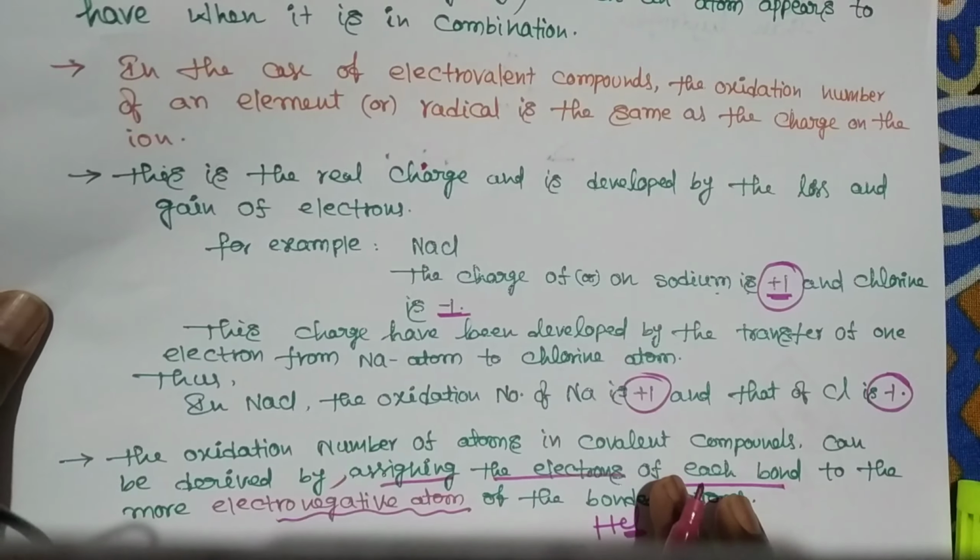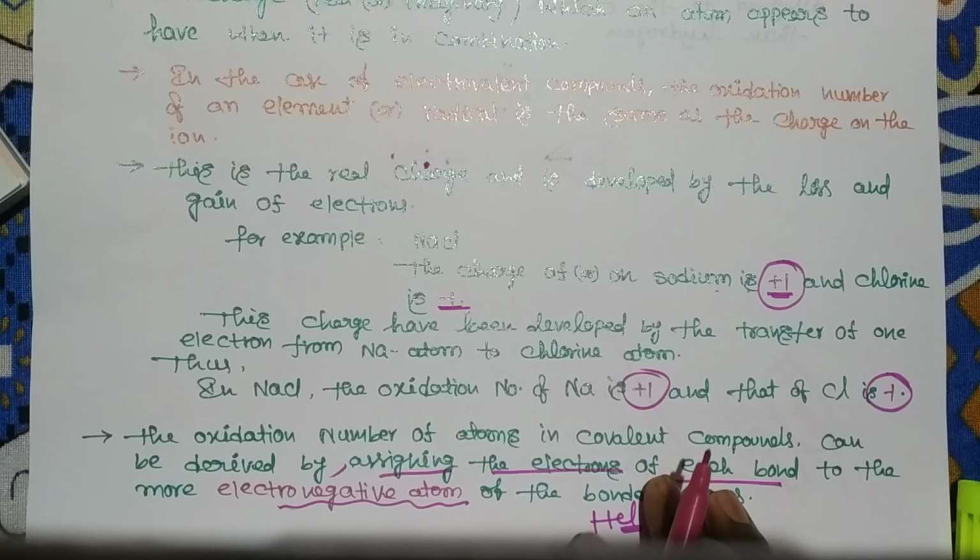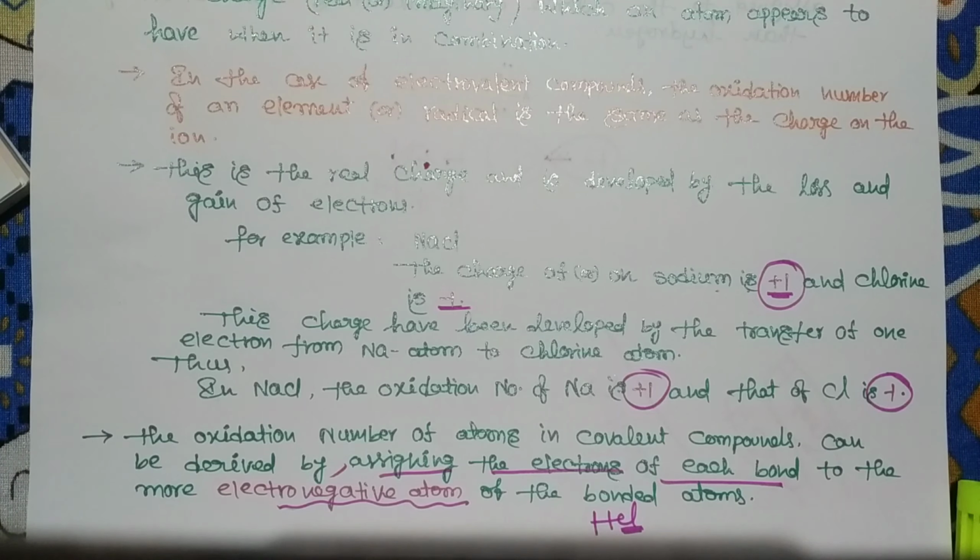By this example, we understand that the charge of the atom in an ionic compound is equal to its oxidation number or oxidation state. So this is for ionic compounds.